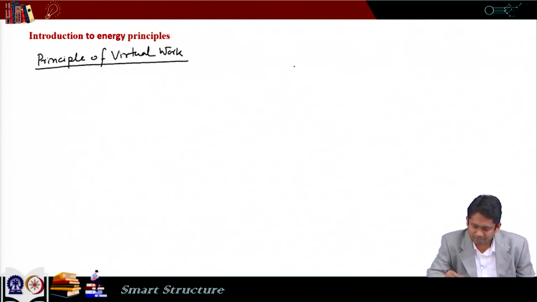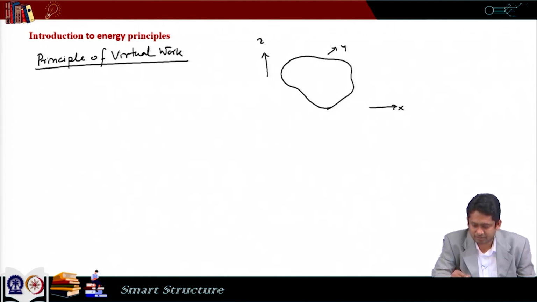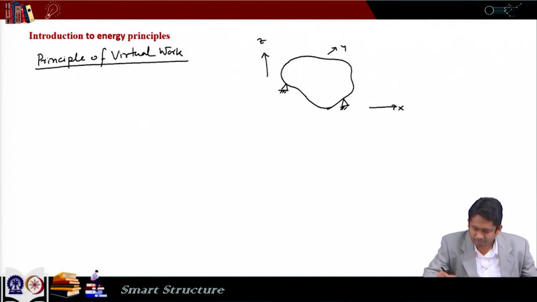Let us assume that we have a 3-dimensional body, any structure, a very generic thing, with x, y and z as the coordinate system, and let us assume that it has some boundary conditions at some points. Now, under some load it deforms and gets a new shape, and suppose the shape is this.